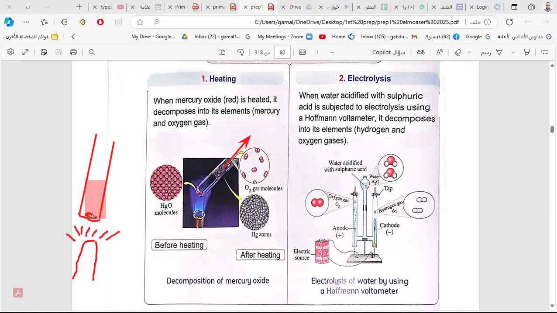But the oxygen goes up, evaporates, as you see.